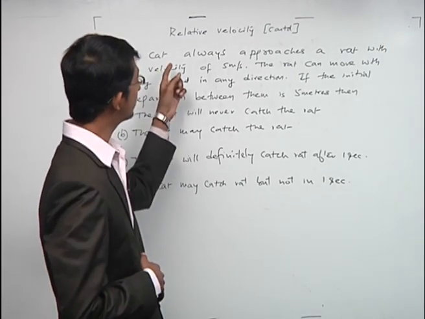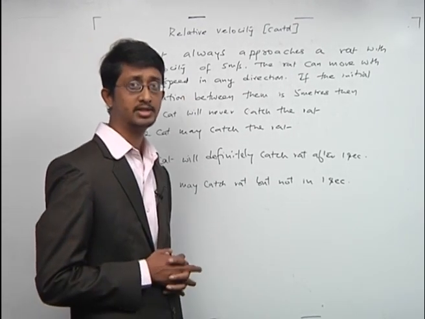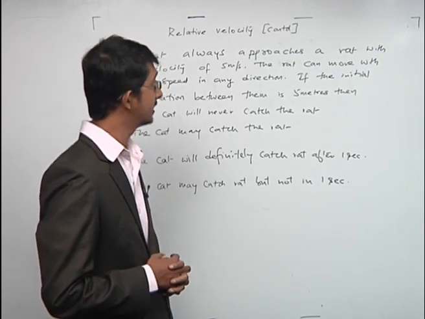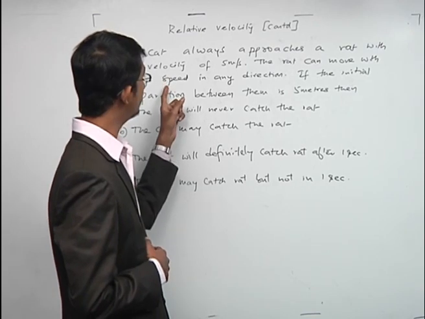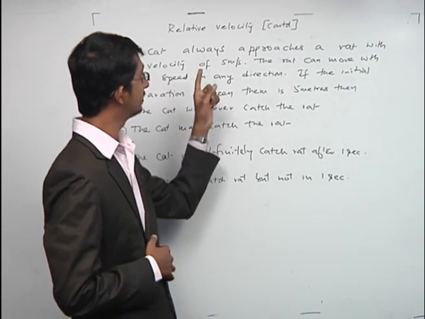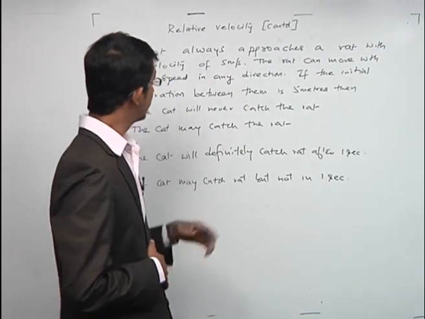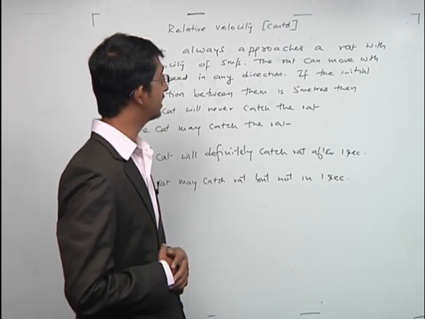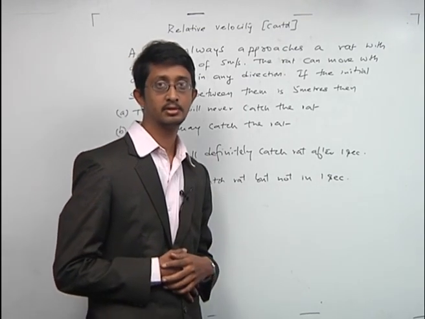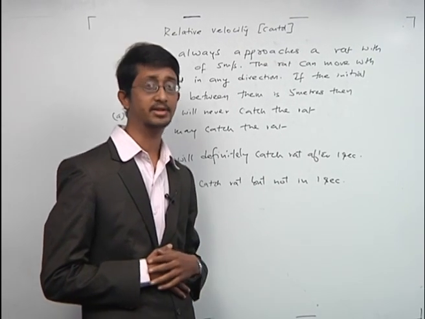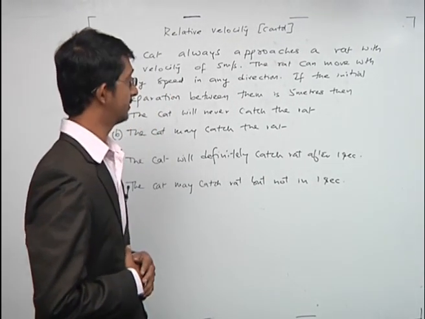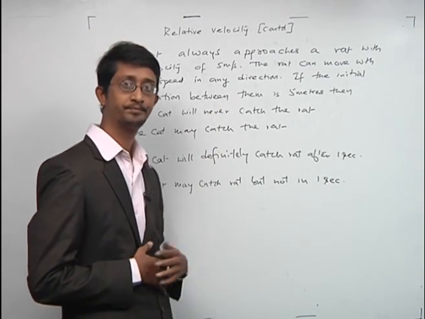So the cat is always approaching the rat with a velocity of 5 meters per second. If the initial separation between the cat and the rat is 5 meters, then we have 4 options here.